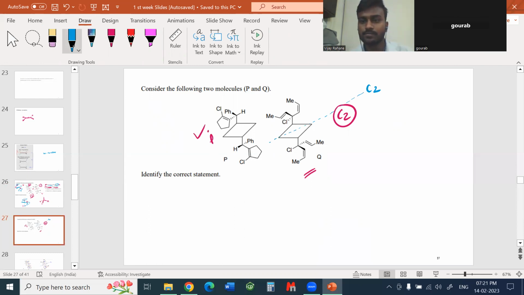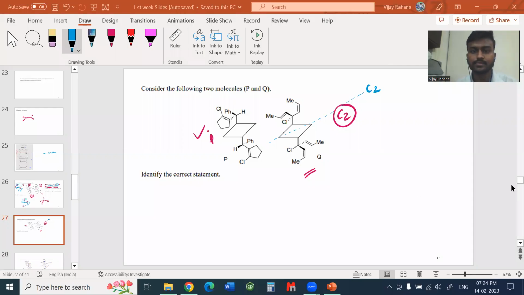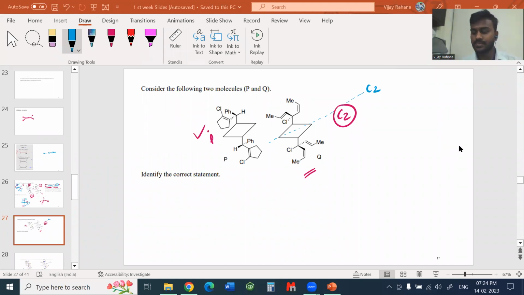I will just pause for a minute. So hope I'm audible now, right? So you can see here. Wait a minute, sorry. Now you can see the C2 axis.